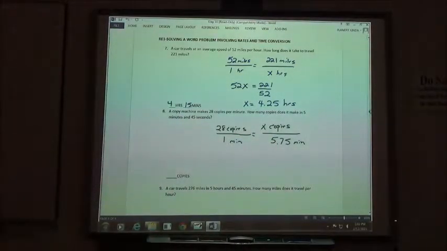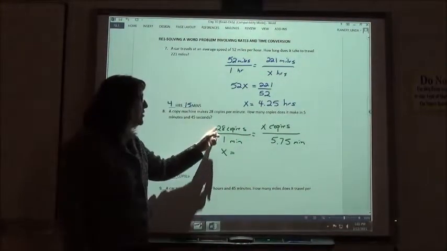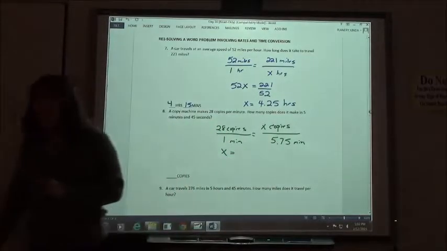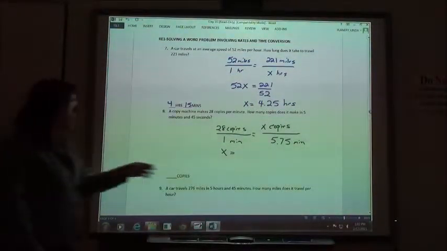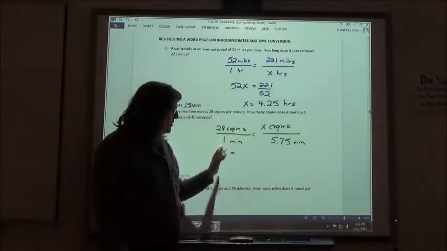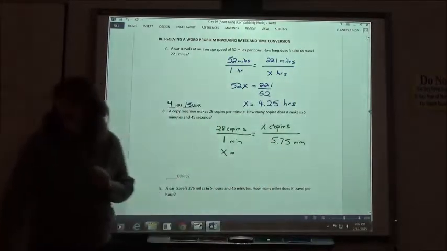And now in order to solve that, I'm just going to multiply, right? 1 times x is x, so all I have to do is take 28 times 5.75. When I cross multiply, 1 times x is x, and then I have to do the 28 times the 5.75.